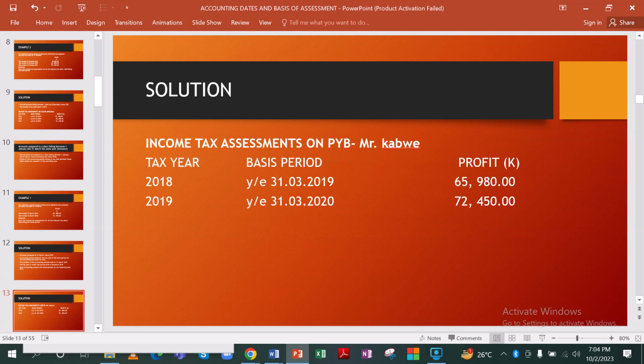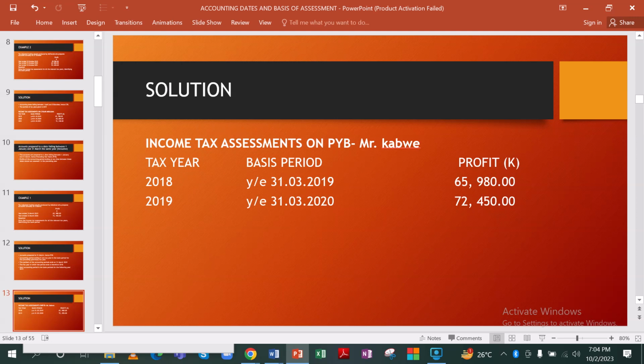So meaning that we are moving a year, we lag a year behind. That's basically what preceding year basis is all about. So the solution will be income tax assessment on preceding year basis for the taxpayer, Mr. Kamwe. So we have the tax year, basis period, and then we have the profit.